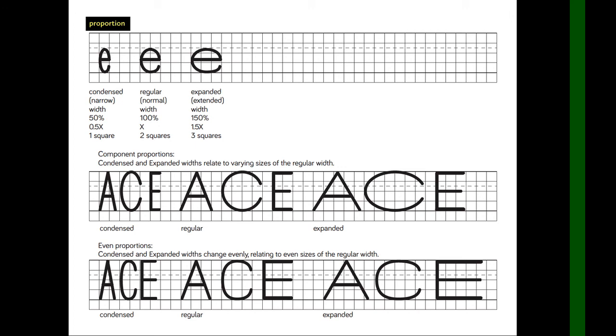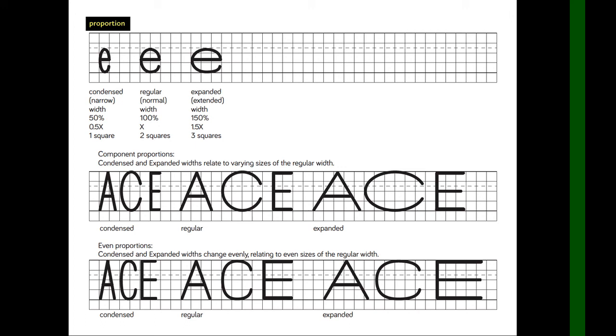The condensed and expanded widths, or narrow and wide widths, relate to the varying sizes of component proportions. So you can see in our geometric sample here that the capital A is 3 squares wide, the capital C is 4 squares wide, and the capital E is 2 squares wide in the regular width.